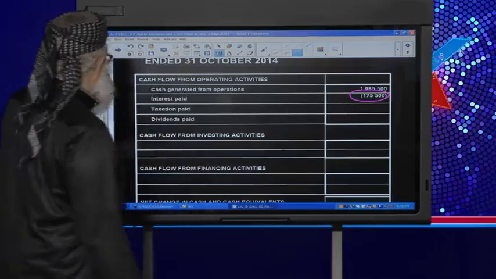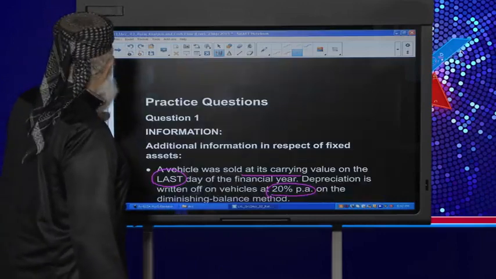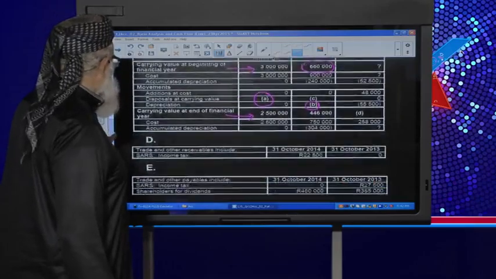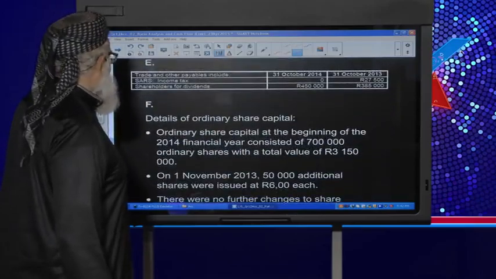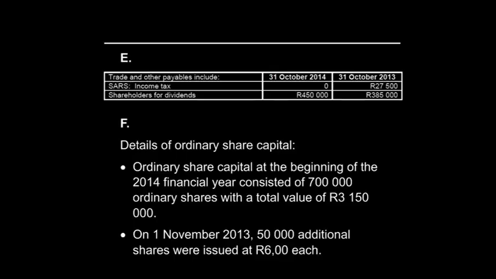Let's carry on, guys. Okay, we're calculating taxation paid. What did we say? We said that if we look at our information, number 1, let's go back. Look at my SARS income tax at the beginning of the year. That's the beginning of the year, that's the end of my year.